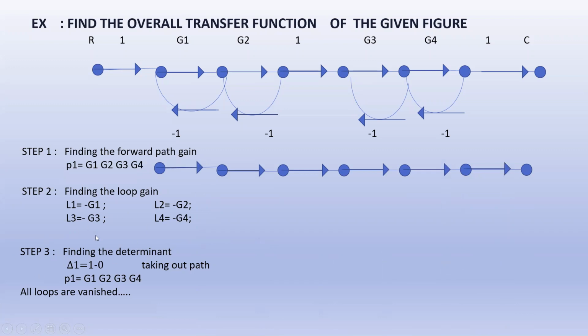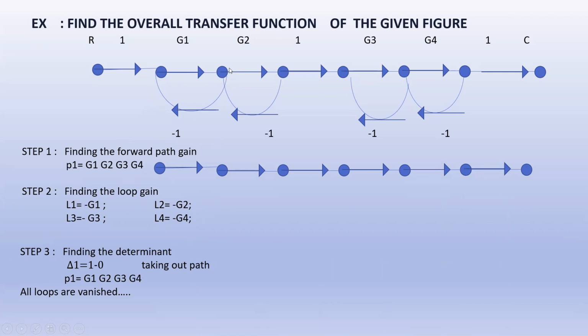Moving on to step 2, we have to find out how many loops there are in the signal flow graph. We have 4 loops. We can see this loop covering these two branches, G1 and -1, thereby giving us the loop gain of the first loop as minus G1.